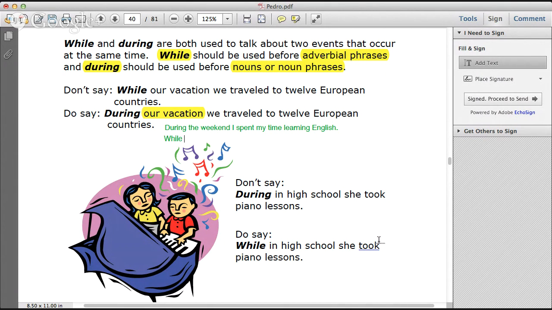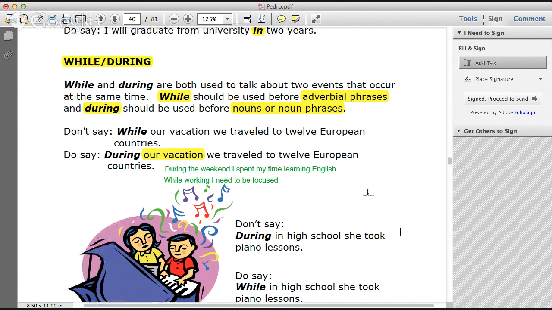While working, I need to be focused. And if I want to be specific, meaning at work and not in studying, for example, you could say while at work. While at work, and that would be just fine.